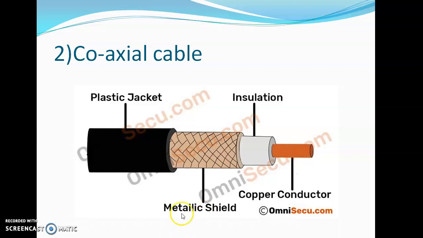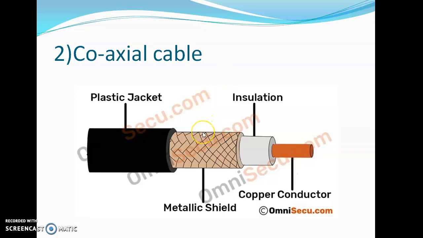a metallic shield, which is made up of copper wire. The purpose of this braided copper wire shield is to prevent the electromagnetic signal present on earth from interfering with the actual signal. Whenever the electromagnetic signal comes here, it will be reflected back.